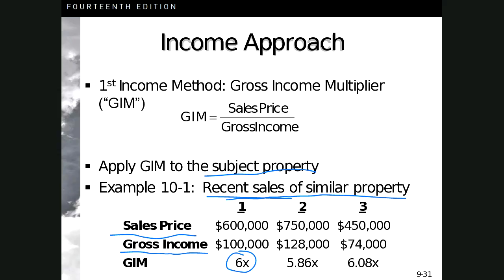Not really. GIM is actually even simpler. Basically it assumes that you're going to have a stable gross income, and for that amount of income, without looking at the operational cost, how much will it be worth? That's how I understand it.